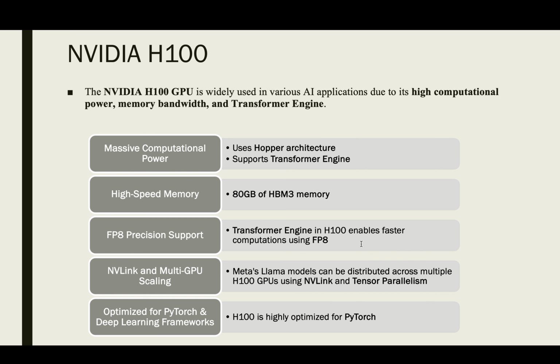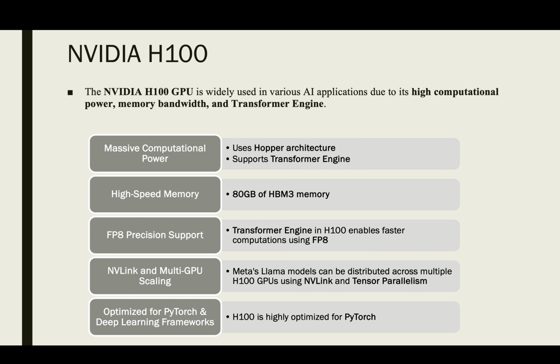Next, NVLink and multi GPU scaling. From this perspective, Meta Llama models can be distributed across multiple H100 GPUs using NVLink and tensor parallelism.